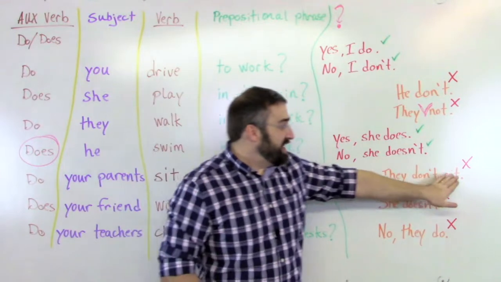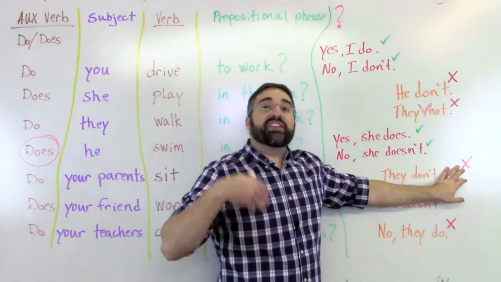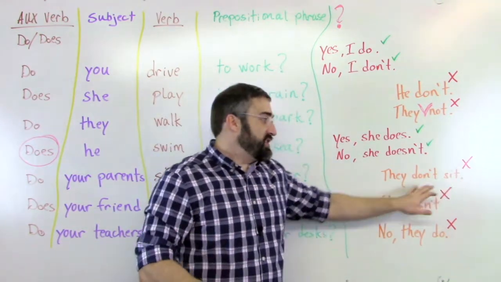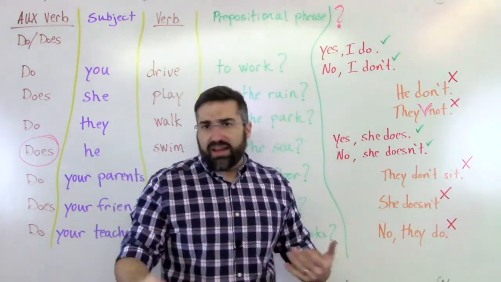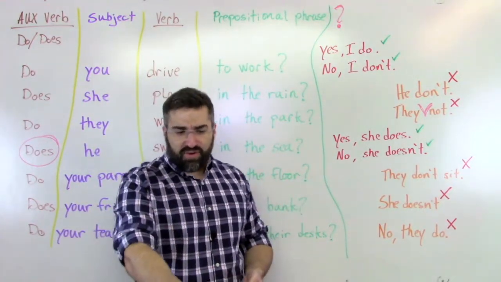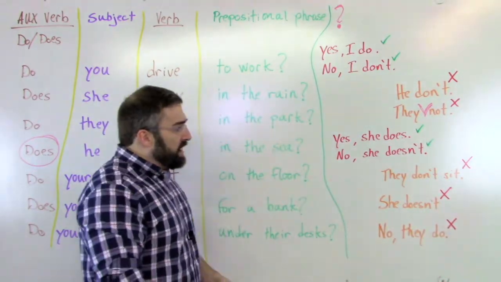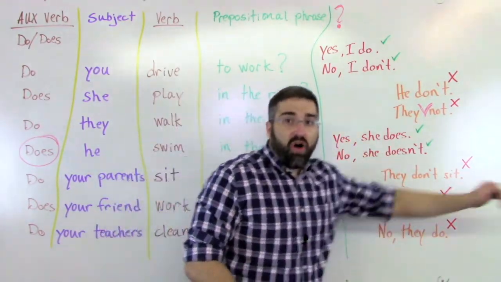You can say "they don't," right? That's okay, because then you answered my question. But if you say "they don't sit," it makes me wonder, what do you mean they don't sit? They don't sit on the floor, they don't sit in a chair? Well, where don't they sit? So make sure that you use the short form or the long form.